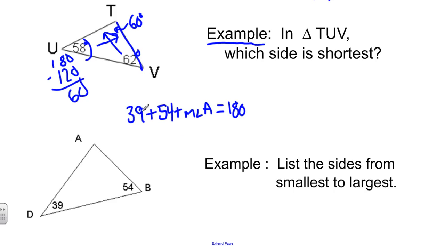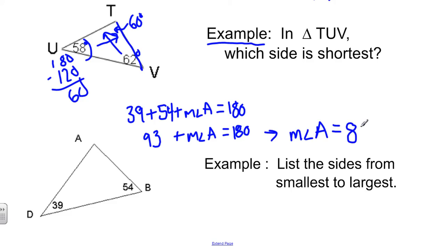All right, so 39 and 54 makes 93, right? Somebody with a calculator want to check me on that? Subtract 93 from both sides. 87. All right, so the measure of angle A is 87.